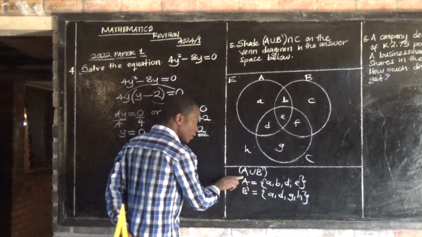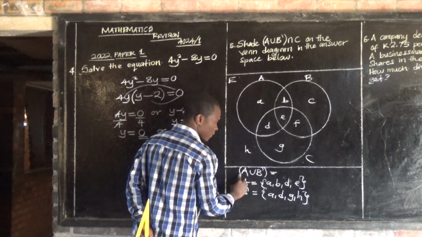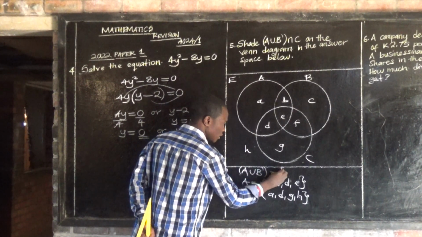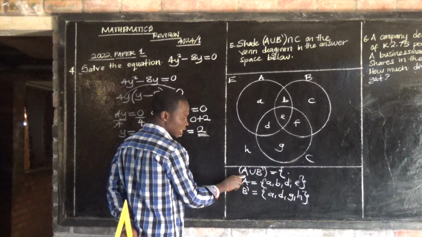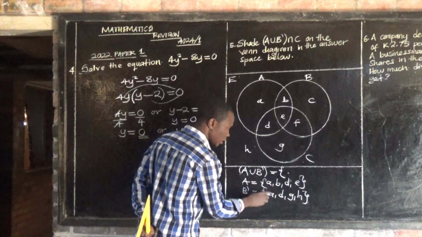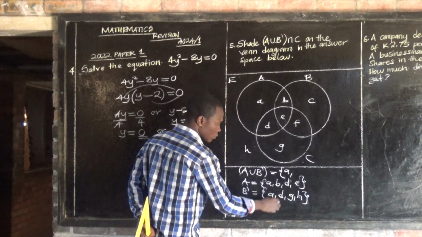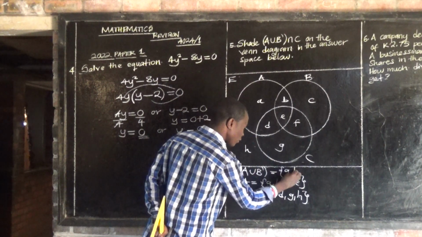Now, we can list this set A union B complement. You combine what is in A and what is in B complement. So let's combine. I've got A, then D, then B, because there is union.